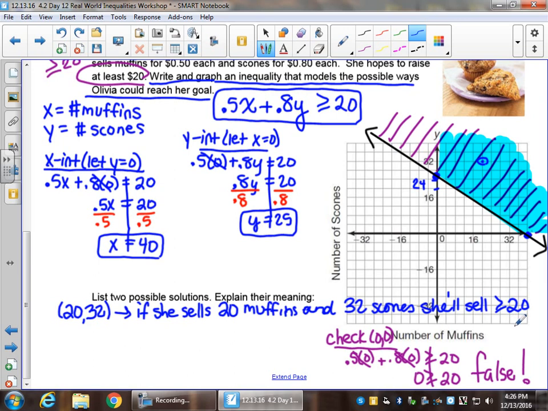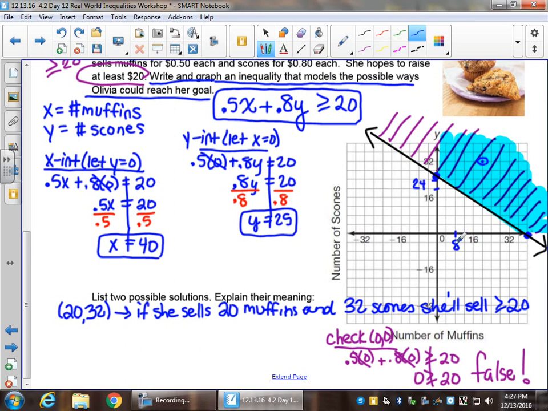What if there was a question that required testing a point? For example, a question could say, if she sold 8 muffins, she needs to sell at least how many scones?